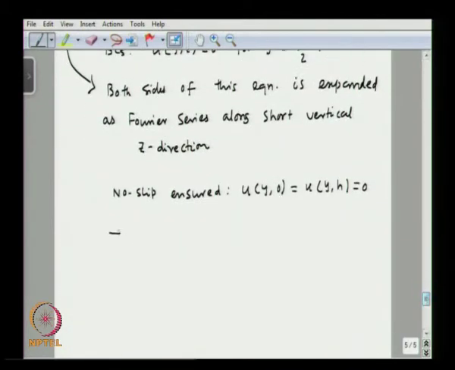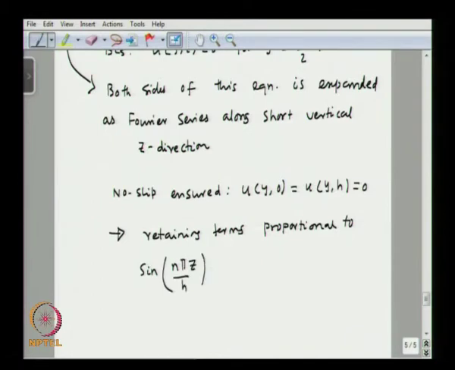You would ensure that by retaining terms proportional to sin n pi z over h, where n is a positive integer.